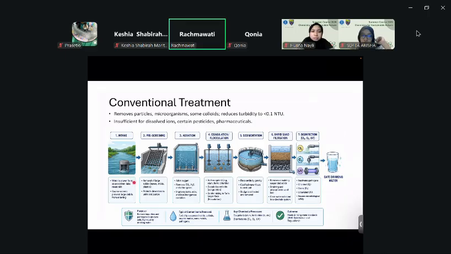for example, from water sources. Could be a river, lake, or reservoir. And we might screen them, and then here you have the pre-screening, the aeration, and also the coagulation and sedimentation. So you want to separate them, and then filter them out, and then you have safe drinking water. That's the conventional treatment.